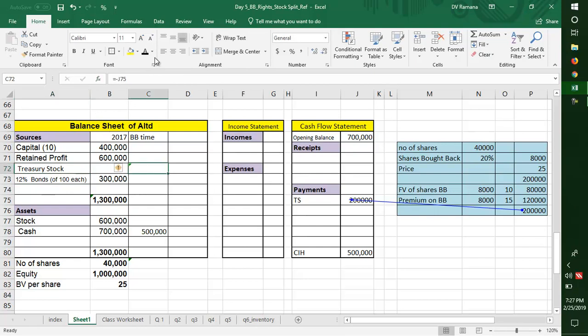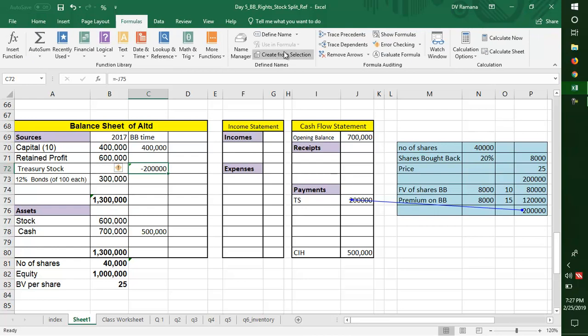The treasury stock is shown on the balance sheet as minus 200,000. Because the treasury stock, the shares bought back, is considered to be a capital reduction, a negative equity. Instead of immediately reducing the capital, the shares bought back are shown as a treasury stock in most of the cases.